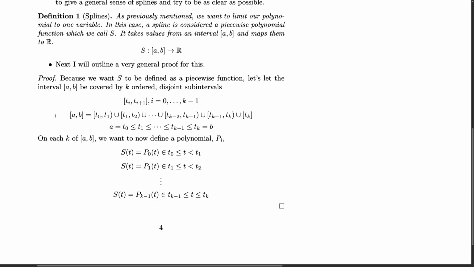So because we want S to be defined as a piecewise function, let's let the interval a to b be covered by what we're going to call k ordered disjoint subintervals, which is sort of an ugly way of just saying subintervals. We want the interval t i to t i plus 1, so our first instance and our second instance, for the values i of 0 up to k minus 1.